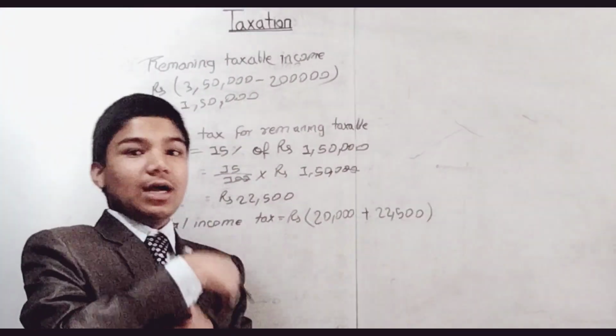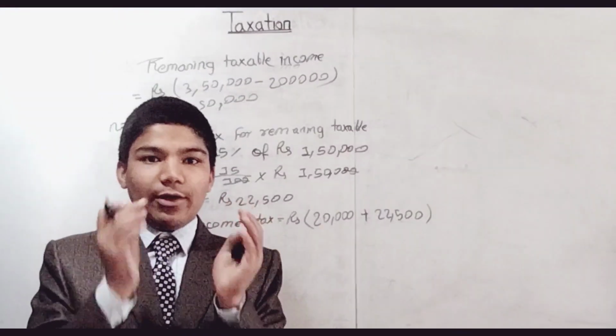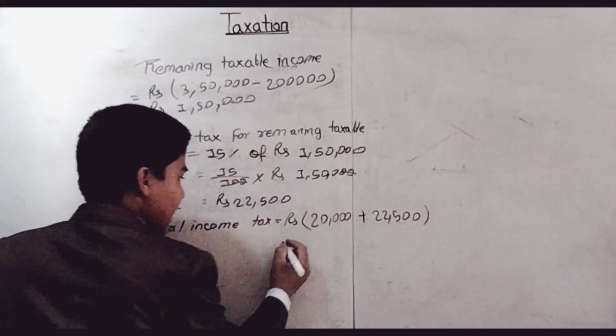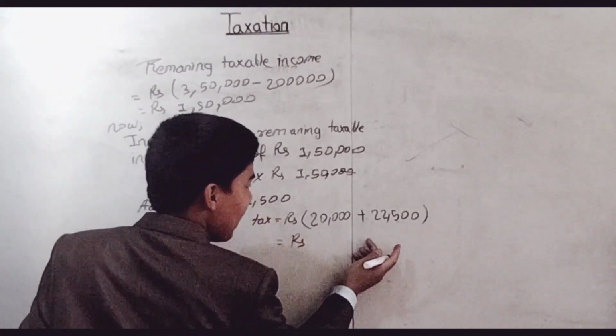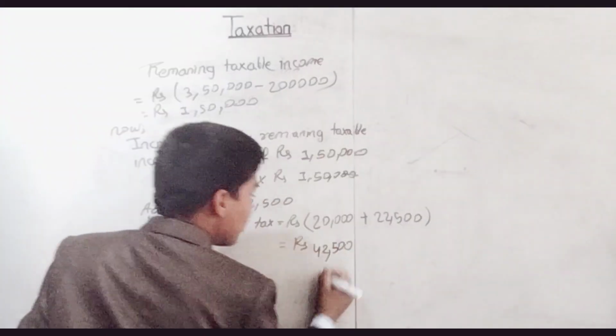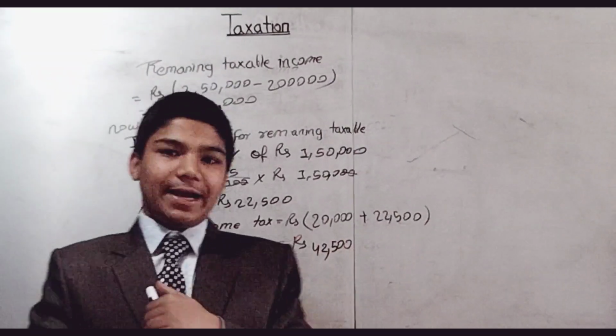Before, we got 2 lakh separately and remaining 1,50,000 separately. So now when we add those, we will get them together, means total. So okay, let's add this. When we add this, we will get rupees 40,500. So this is our total income tax.